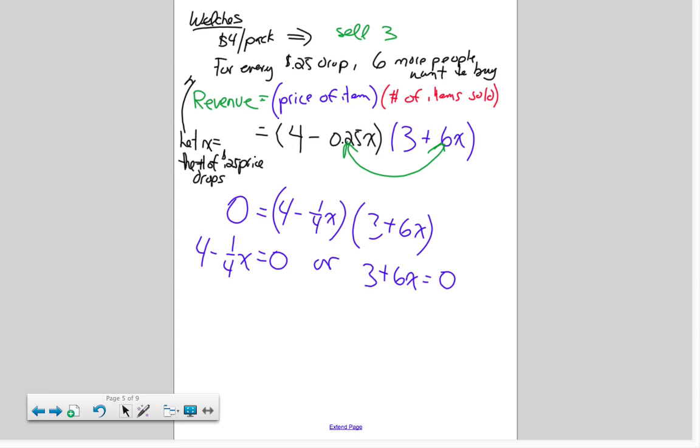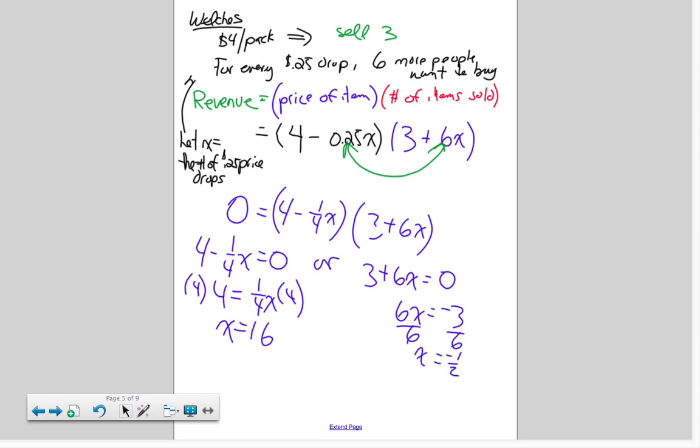So I'm going to solve for those. Here I get 4 equal to 1/4 x. Multiply both sides by 4, and I get x equal to 16. Or here I get 6x equal to negative 3. Divide both sides by 6. x is equal to negative 1/2. So that tells me what my zeros are.